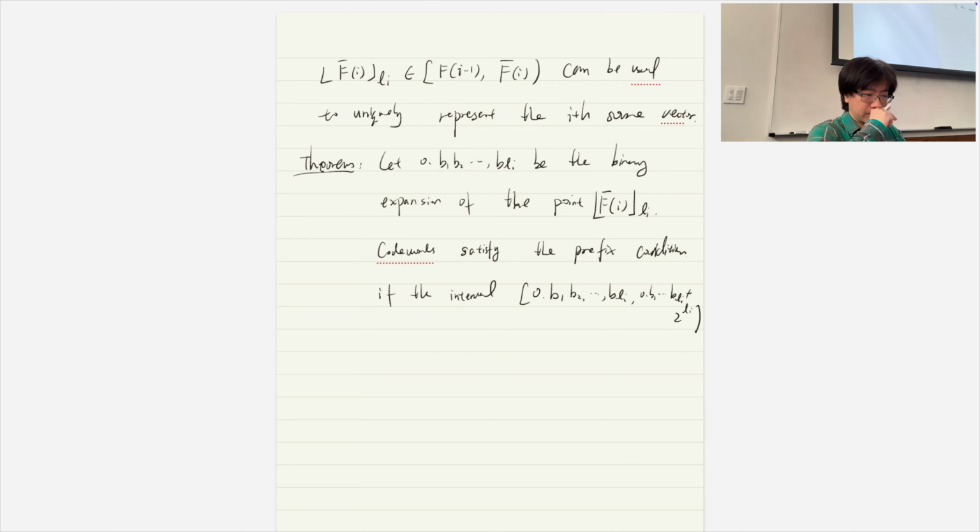Okay, so if the code is prefix, then these would be disjoint.